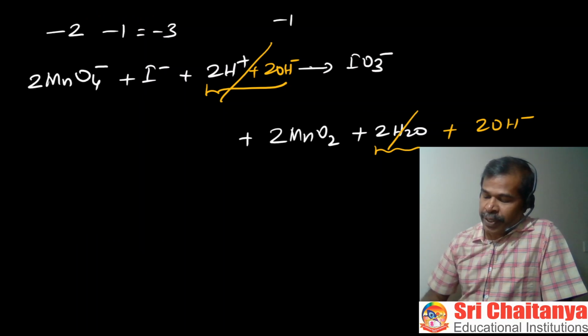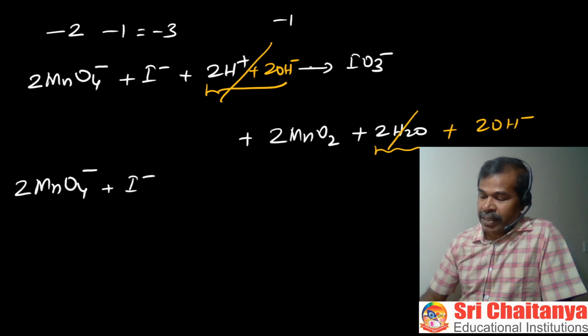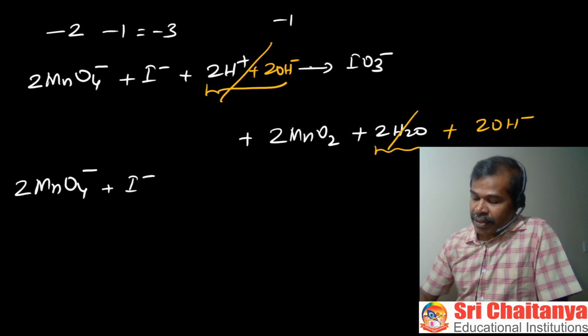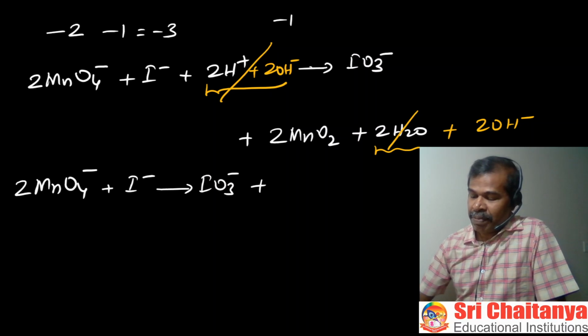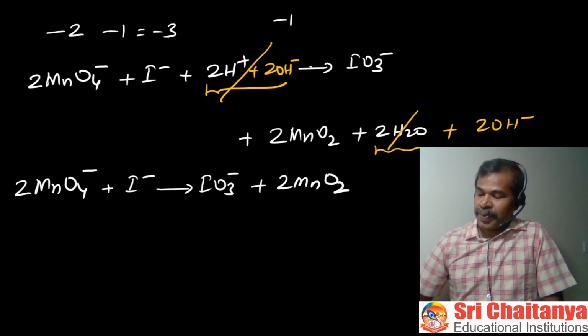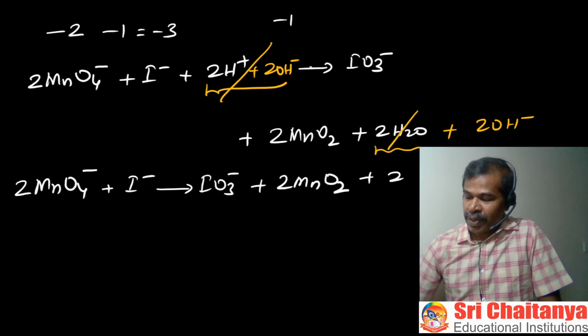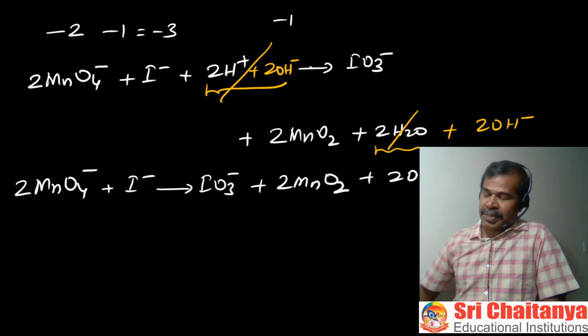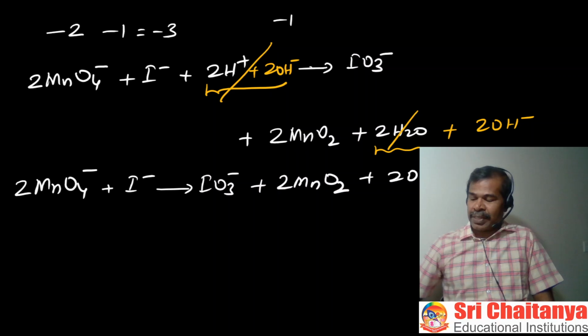It's going to be 2MnO4 minus plus I minus giving IO3 minus plus 2MnO2 plus 2OH minus. The equation is perfectly balanced. Count the oxygens once. 2 plus 4, 6 plus 3, 9.